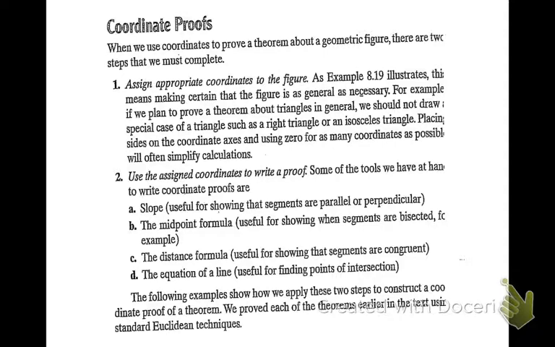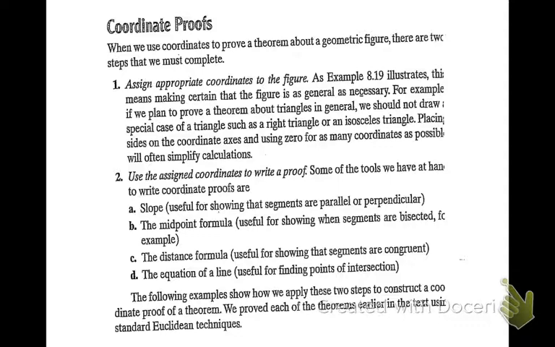So some tips when doing these coordinate proofs. One, assign appropriate coordinates to the figure as we have done. You want to make it as general as necessary. So with a parallelogram, you don't want to assume that the sides have the same length and that type of thing.